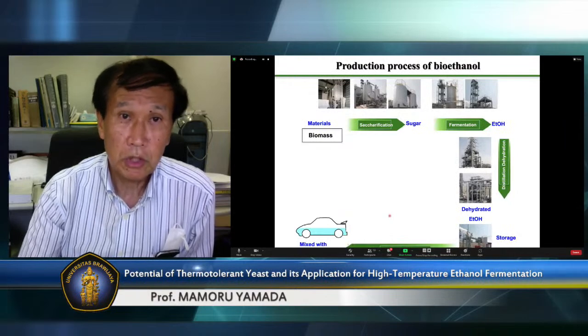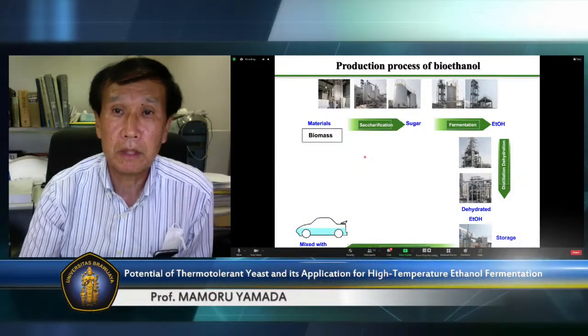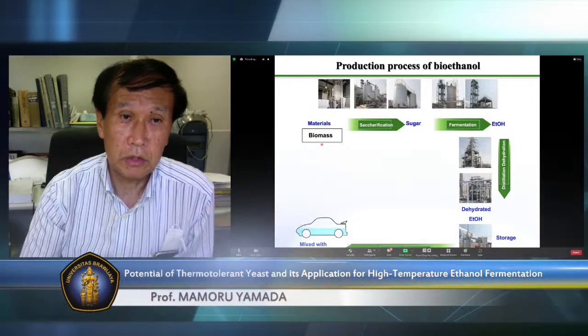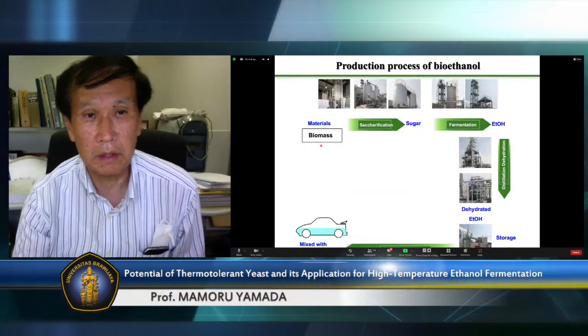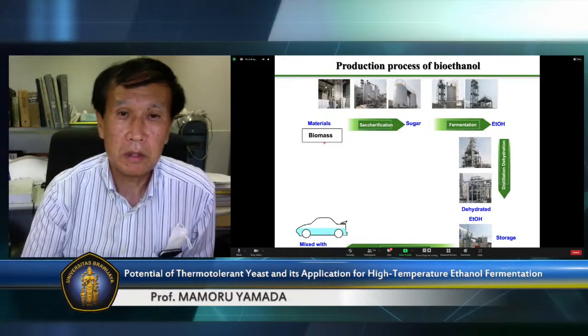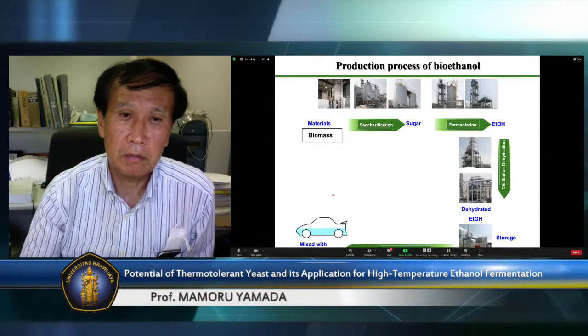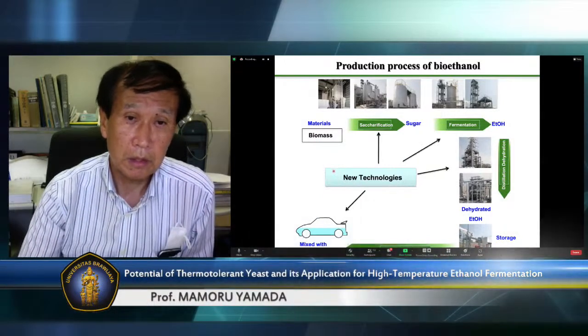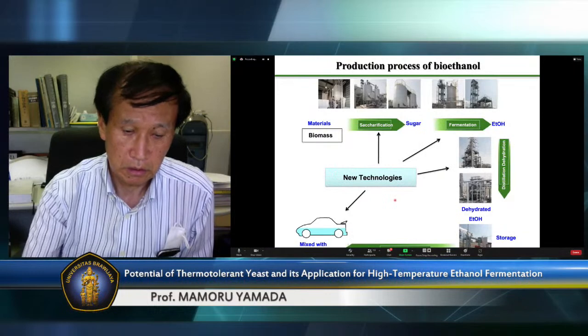So this shows the general ethanol production process, but especially for second generation biomass, the cellulose cost is about 40% of the total cost. So we needed new technologies.